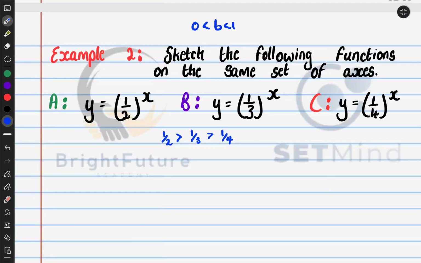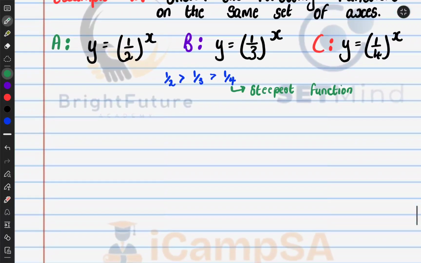So we expect the last one to be the steepest function because it has the smallest value of p.